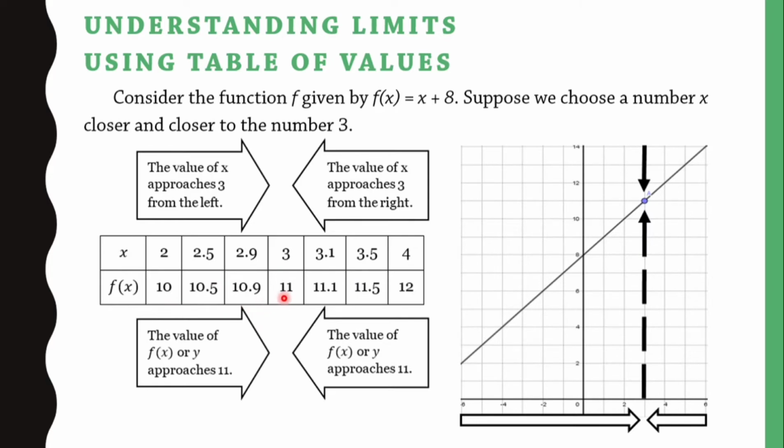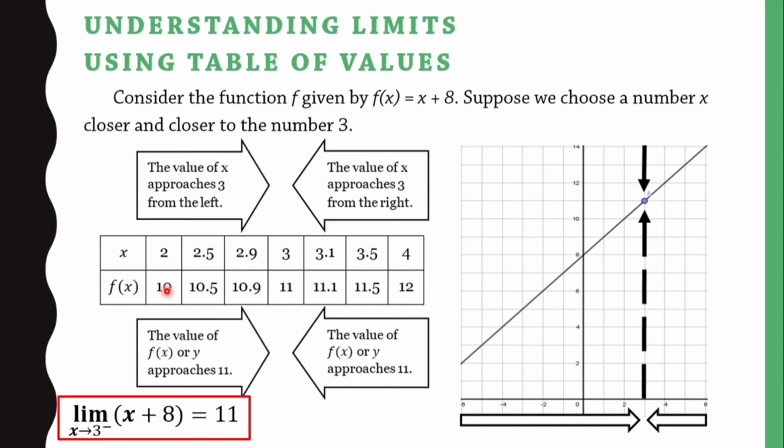So, we can say that as x approaches 3 from the left, which is symbolized by this negative sign above 3, the limit of x plus 8 as x approaches 3 from the left is 11.